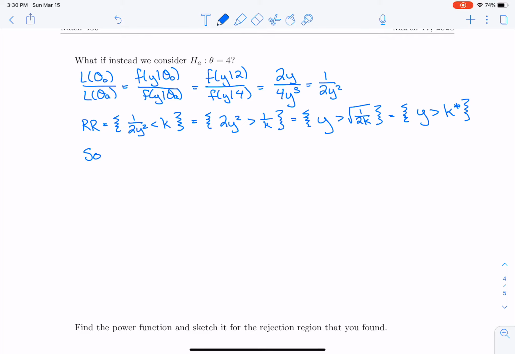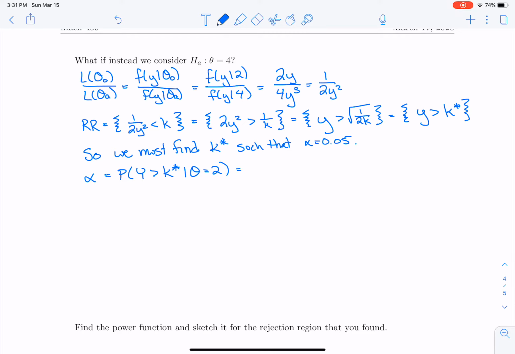So we must find k star such that alpha is 0.05. So alpha, just like before, is going to be the probability that y is bigger than k star, because that's our rejection region, given that theta equals 2, because that's our null hypothesis.